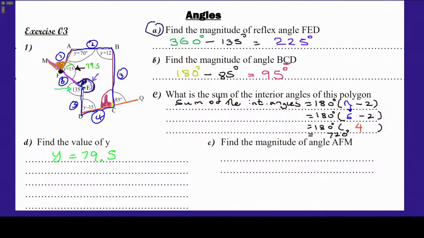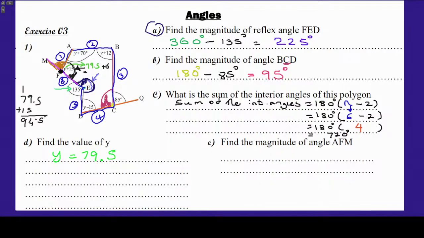I write that in the place of y plus 15. So what is 79.5 plus 15? That is 0.5. 9 plus 5 is 14. 1 remaining. That's 94.5.